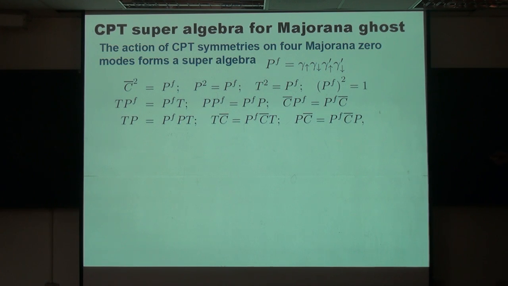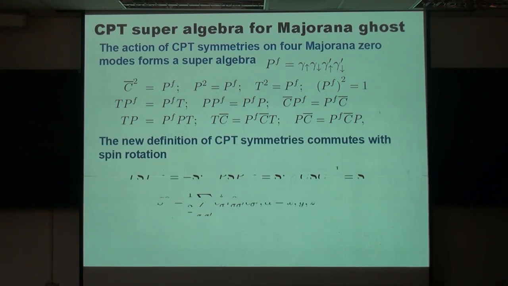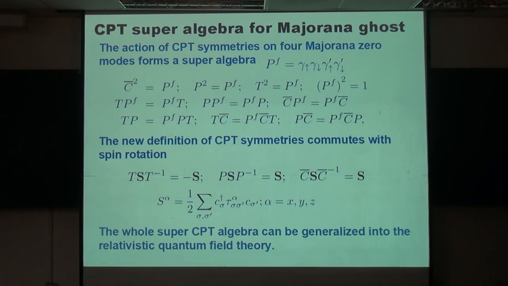And that's the strange point of this kind of superalgebra. And further, you can check that this superalgebra commutes with the spin rotation symmetry. And then we can show that this algebra can be promoted to a relativistic quantum field theory as well, because in the quantum field theory, CPT symmetry must commute with the spin rotation symmetry.